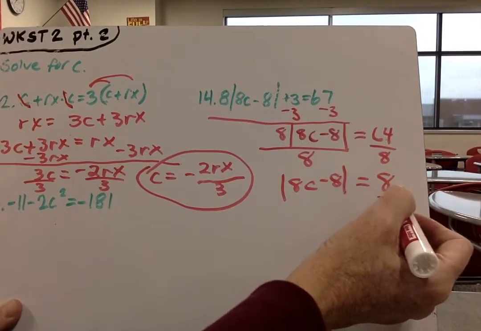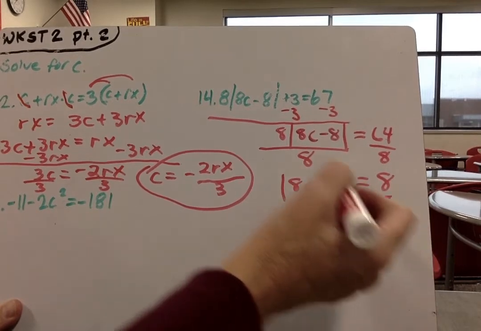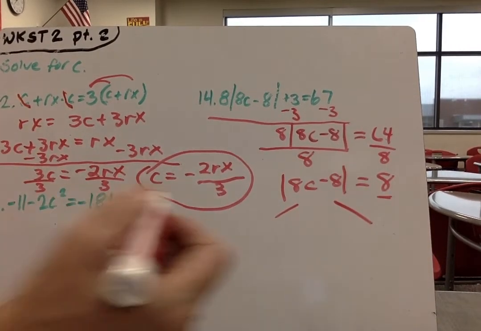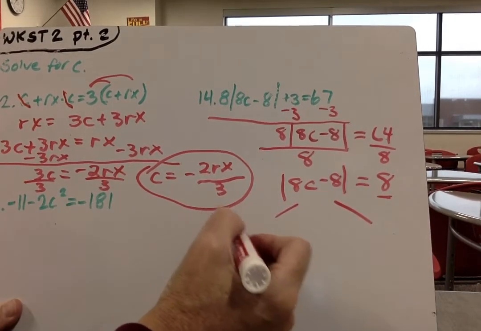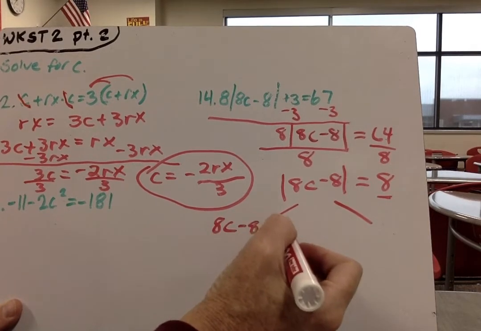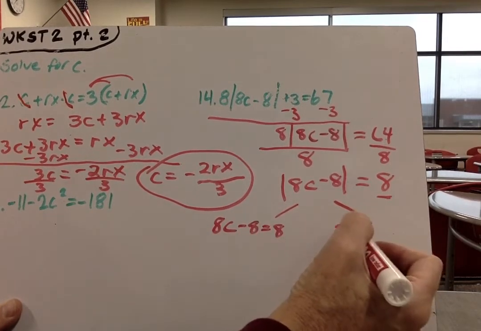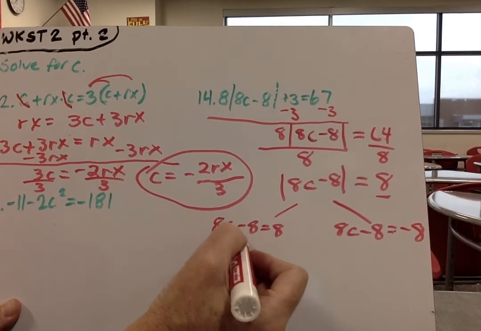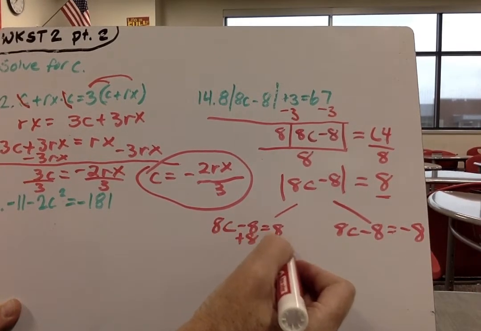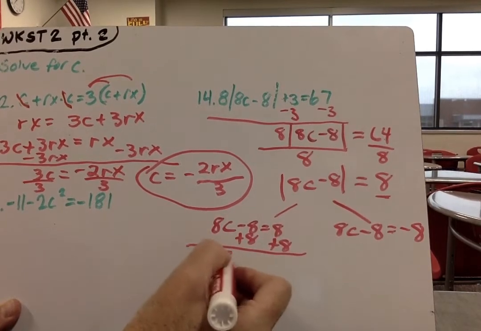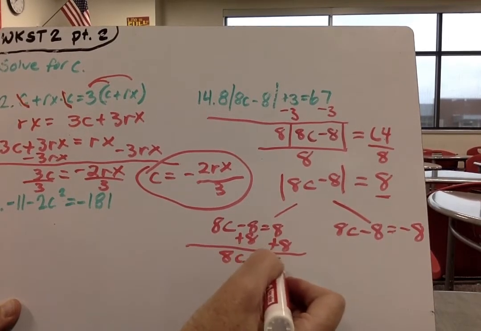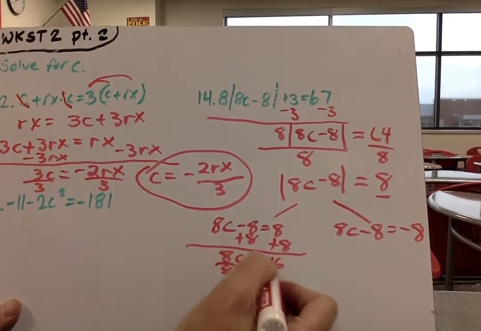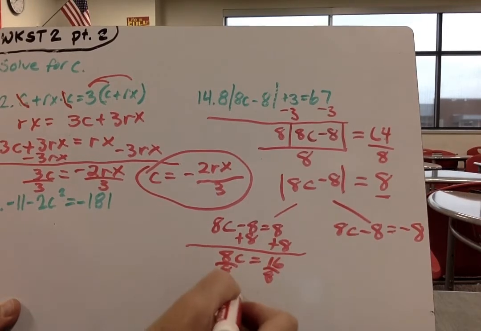Now, I make sure that's a positive number, then I'm going to make my two equations for absolute value. Do you remember doing that? 8c minus 8 equals 8, and 8c minus 8 equals negative 8. So we're going to add 8, 8c equals 16, and if I divide by 8, c equals 2.